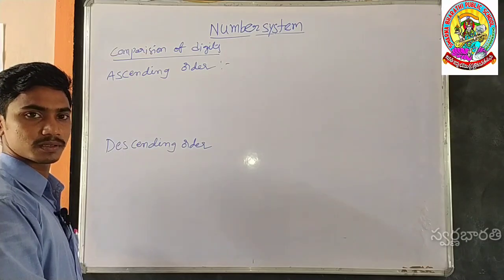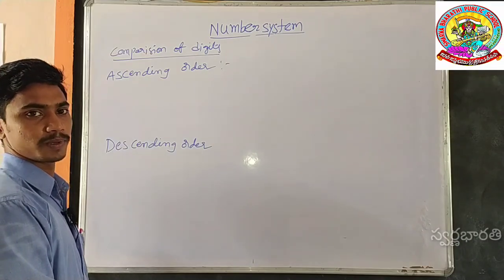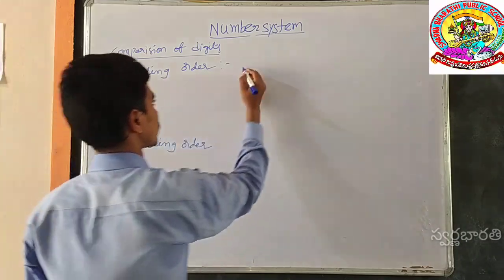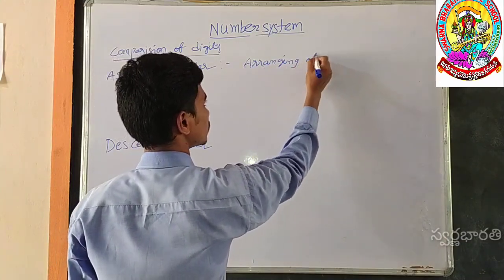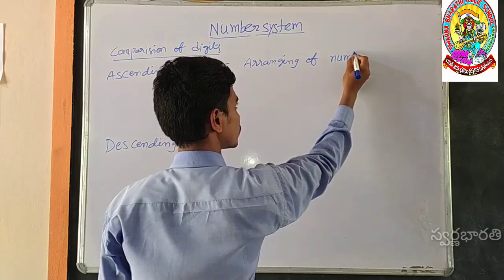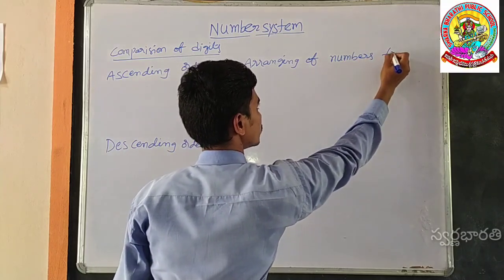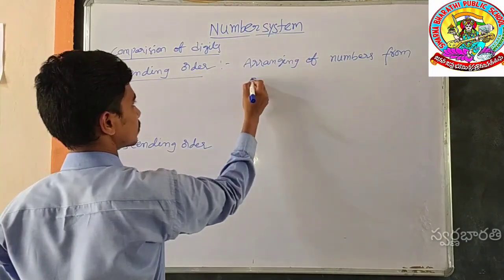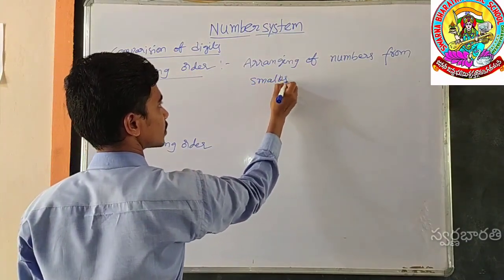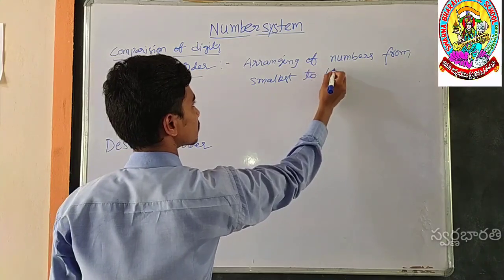Arranging numbers from smallest to biggest is called ascending order.